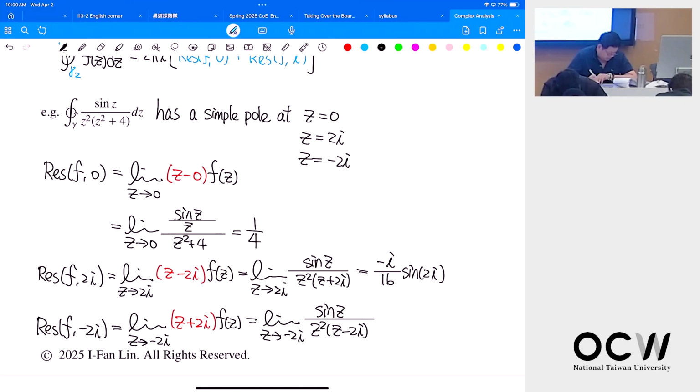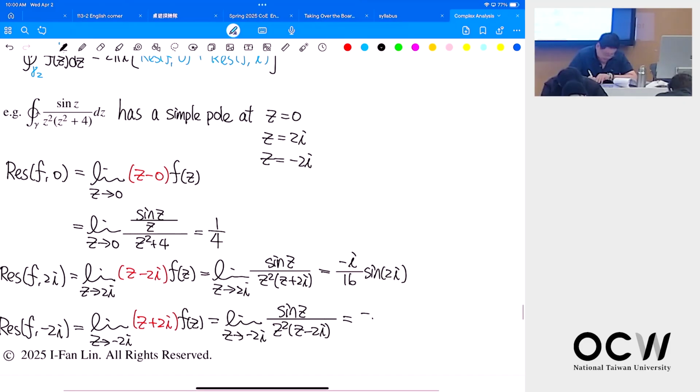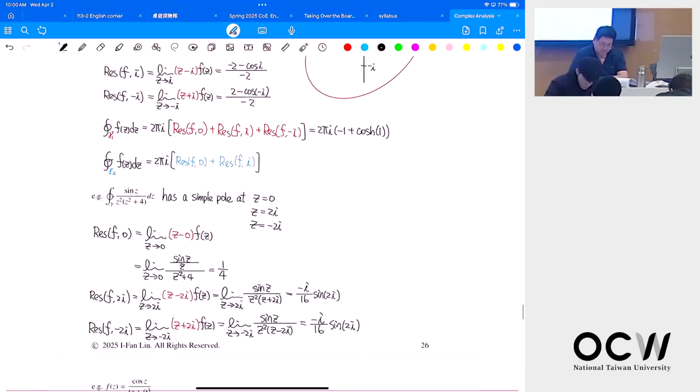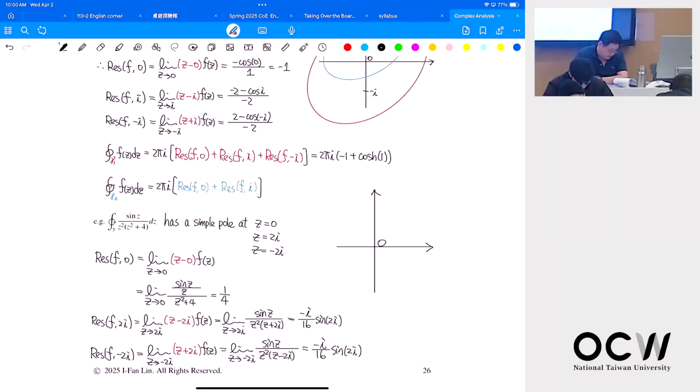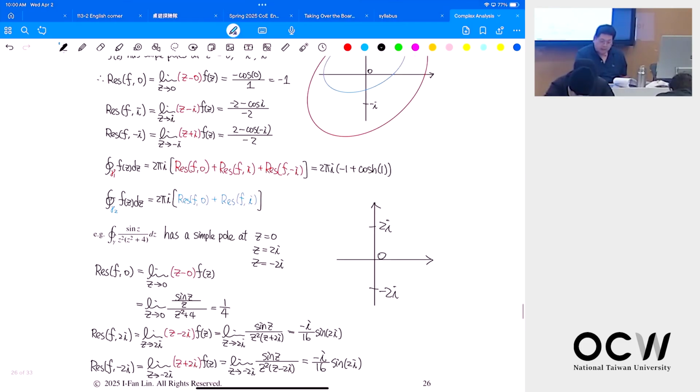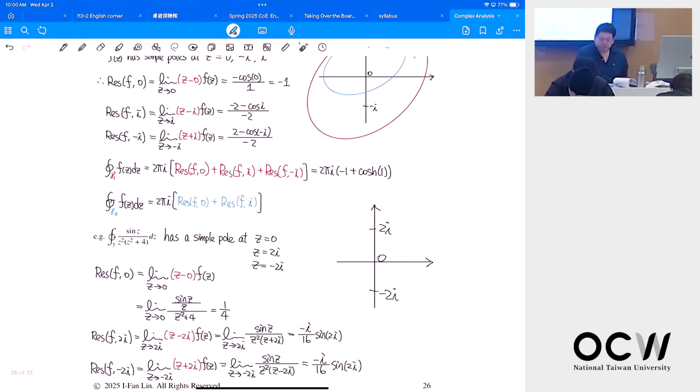And then you have minus i over 16 times sine 2i. So you have 3 poles, 0, 2i, and minus 2i. Then it depends on your curve; your circular integration will be different.